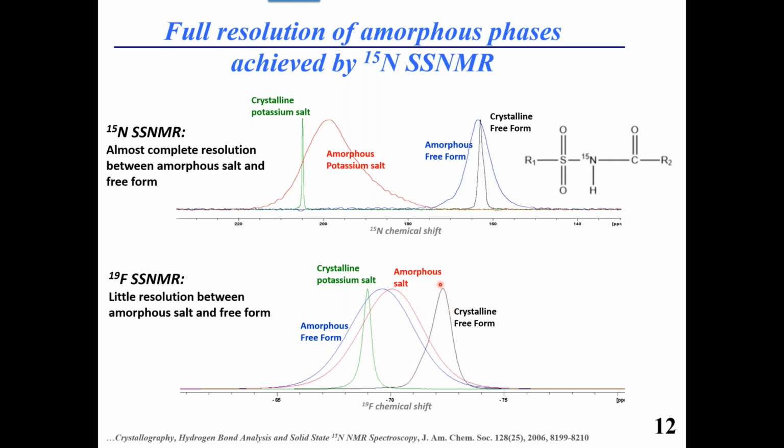I'm grasping my memory, but I believe that this particular free form was not, quote unquote, a true form. It was a desolvated solvate. So again, there was some distribution. I might be wrong. Of course, I can confirm and come back, but I believe that was because of that.